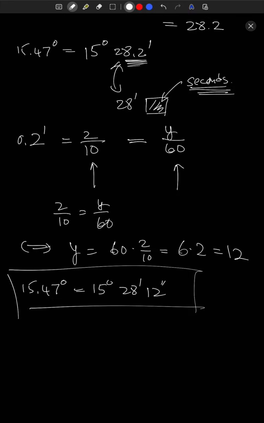That something is going to be your minutes. And if your minutes happens to have decimals itself, then you can convert those decimals to seconds, again using the idea of ratios, what over 60. There's nothing further than that. If you convert to seconds and you get a decimal, traditionally you just leave it as a decimal.